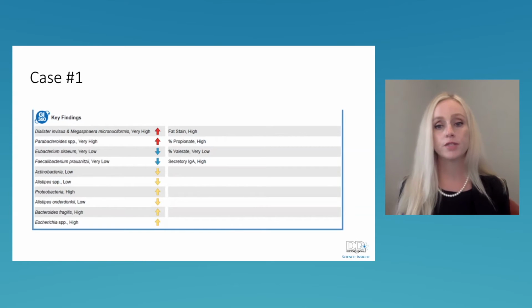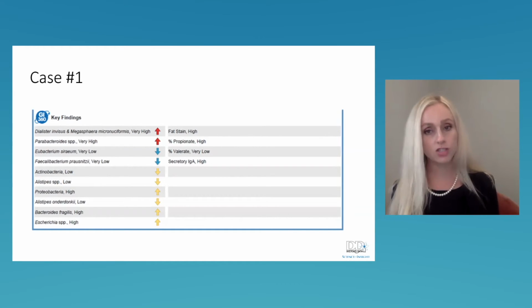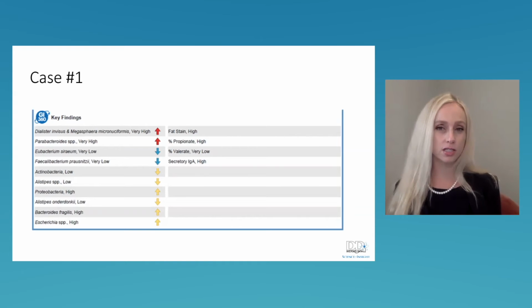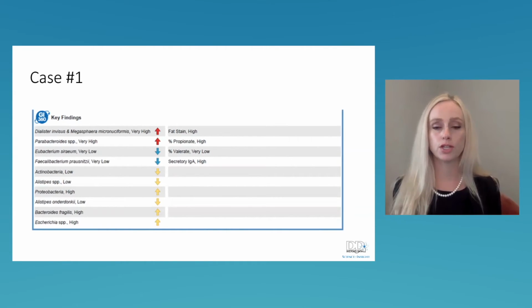Right? Then we do see secretory IgA is elevated. The immune defense within the colon is elevated. This can be elevated actually due to a GI infection. This stays elevated for 4 to 6 weeks after the infection. So here we have a patient that doesn't have a history of infection, but it would be interesting to go through the history again and make sure they didn't have a bout of acute gastroenteritis or food poisoning, anything like that.